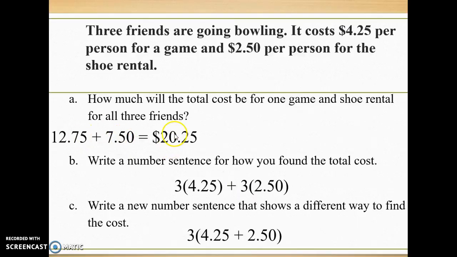Add them up, we have $20.25. If I'm using the second way, I am finding $4.25 plus $2.50, which will give me $6.75. Oh, I made a mistake earlier, it's not 70, it's 75. $6.75 times 3 will give me $20.25.